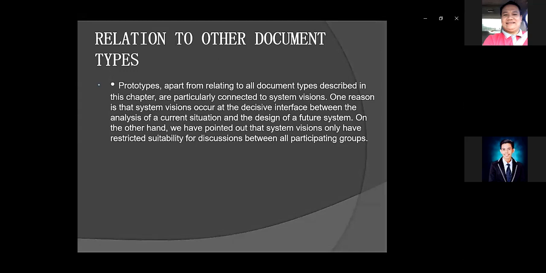On the other hand, we have pointed out that system vision only has restricted suitability for discussion between all participating groups.